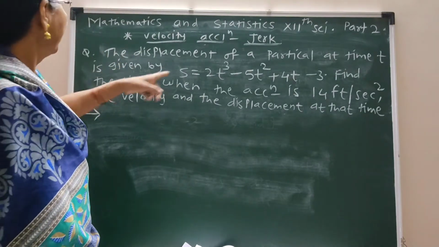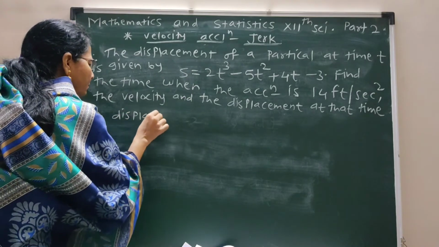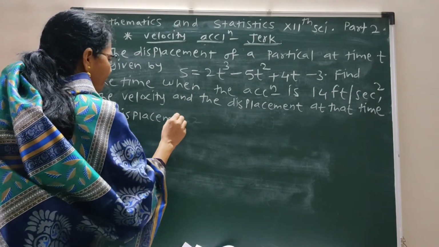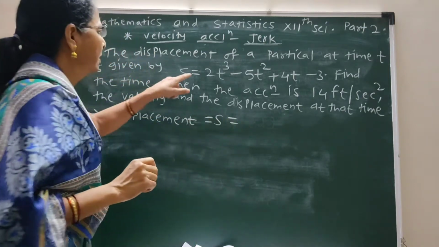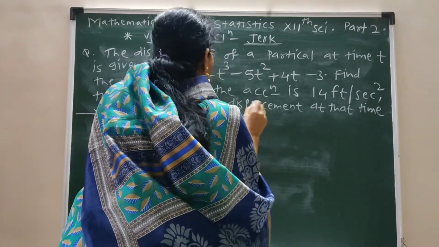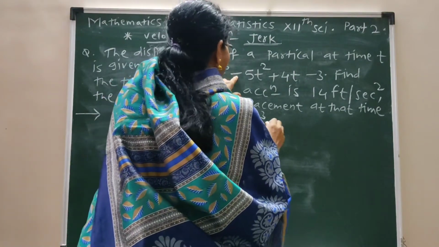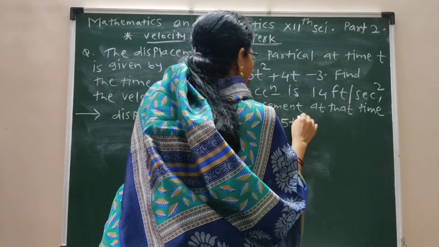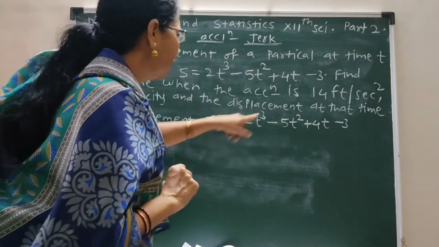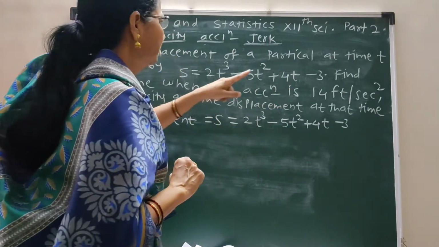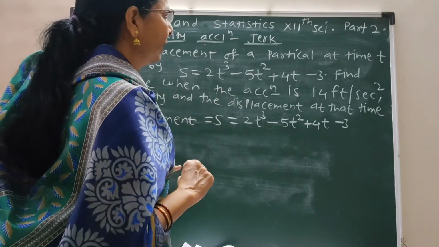Displacement of particle at time t is given by s, that means right here, s is equal to 2t cube minus 5t square plus 4t minus 3. Find the time when the acceleration is 14 feet per second square.